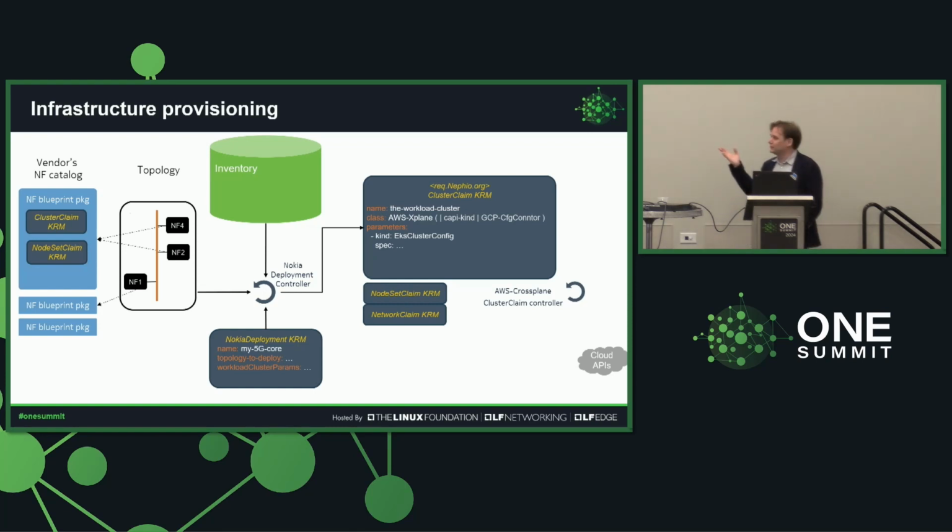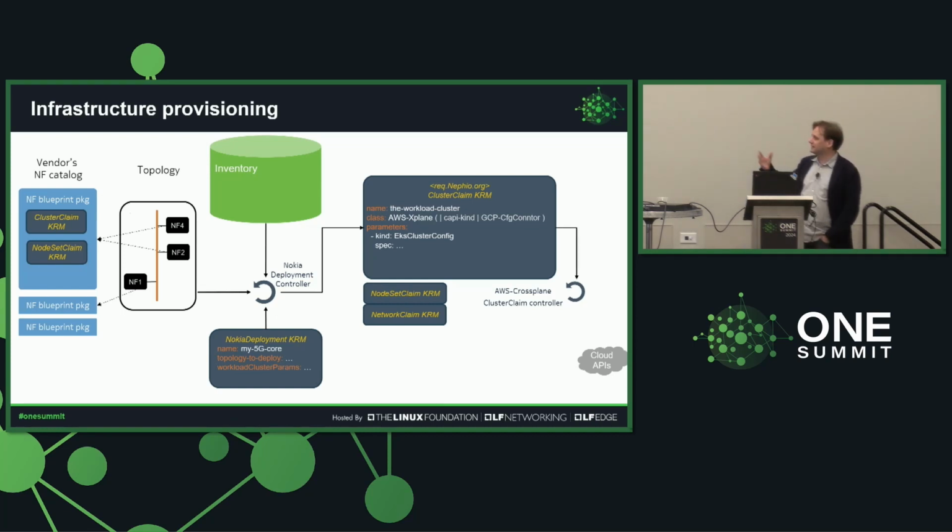And the second thing to note is also something that we are already using in Nephio, but not for infrastructure management, is what we call parameter refs. In order to give class-specific configuration data to these claims, I used something called a parameter ref that basically allows me to attach arbitrary Kubernetes resources to this claim. The only difference is that I did it inline instead of just referencing other resources.